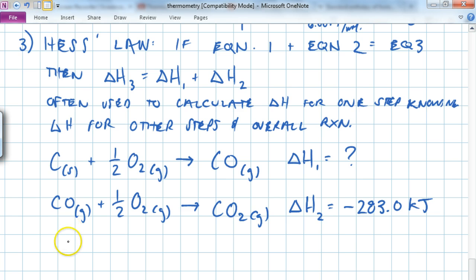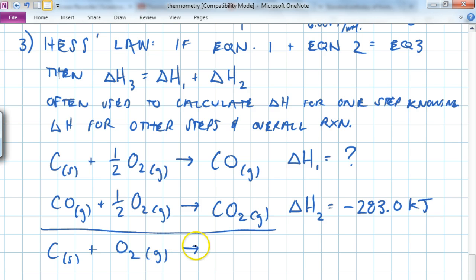And then let's say we know the overall reaction. So overall we have carbon solid plus a whole mole of O2 yields a mole of CO2. And let's say we know that delta H for that is negative 393.5 kilojoules.